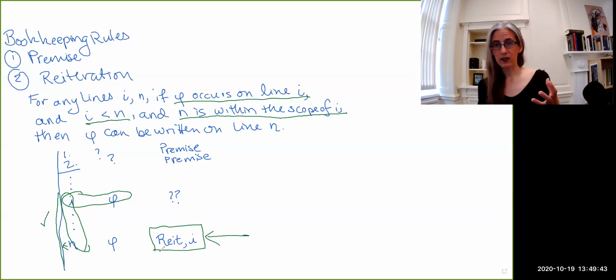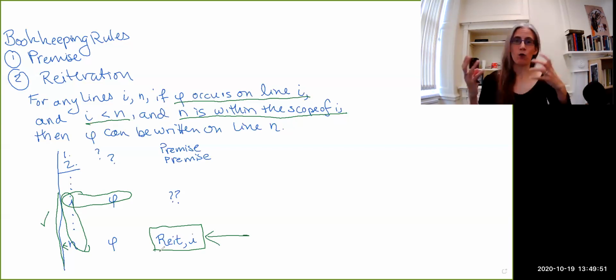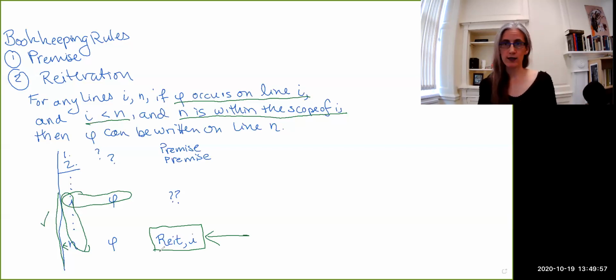Now, at this point, it may not be intuitive when you would ever want to use reiteration, even though I've already said that we'll need to do it in order to make sure that we have the right structured proof in order to be able to apply some of the other rules. It's hard to see what can be meant by that until we get some actual examples. For now, think in terms of shape and structure.